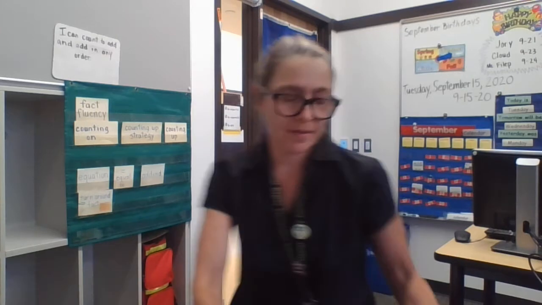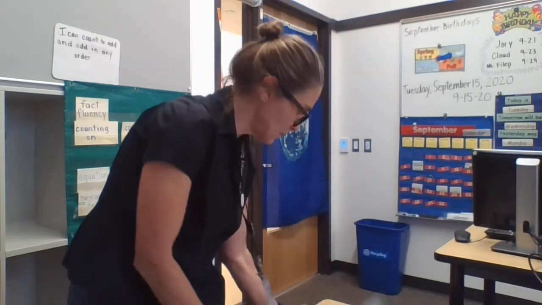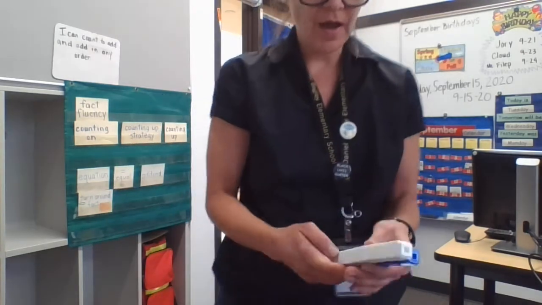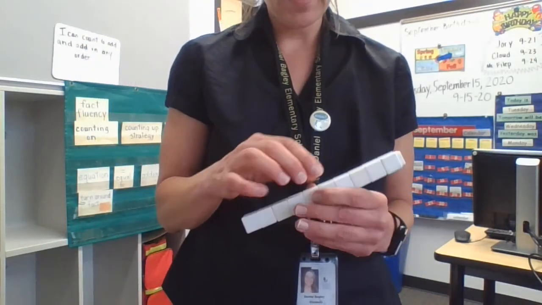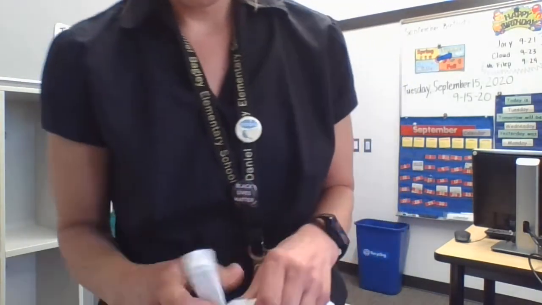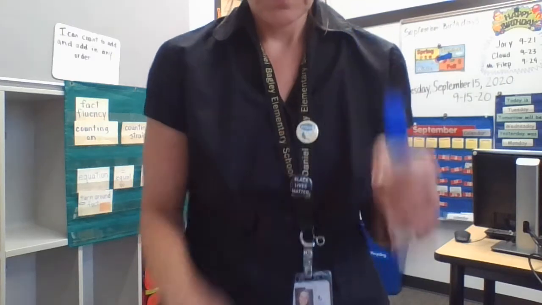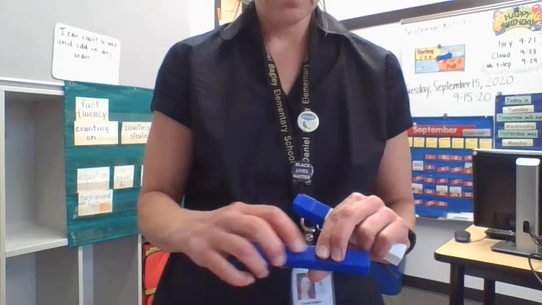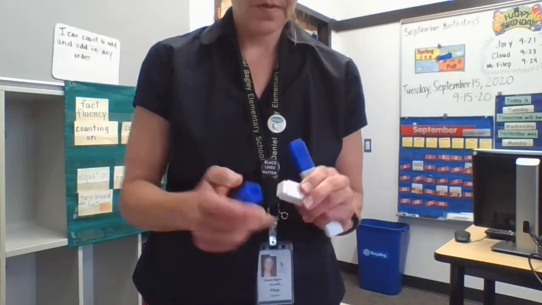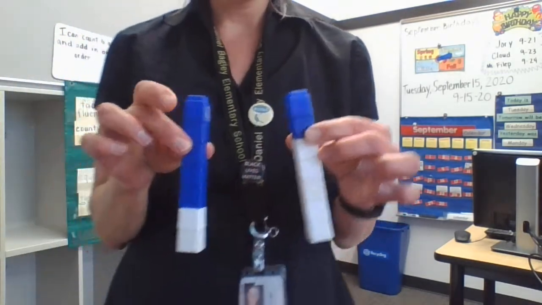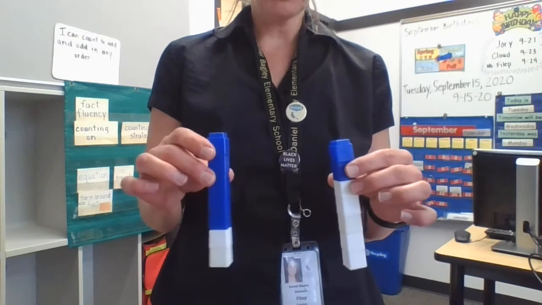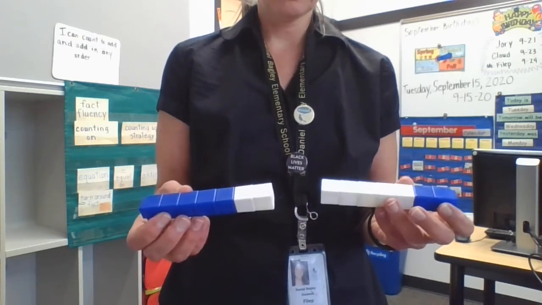So, like the example says, 2 plus 5, 1, 2, 3, 4, 5, plus 2 is similar, or is the same, as 2 plus 5. These are called turnaround facts.